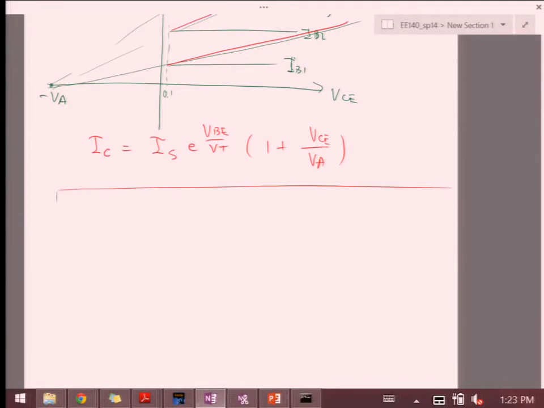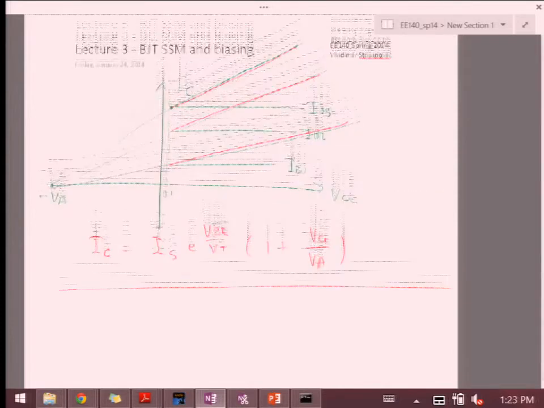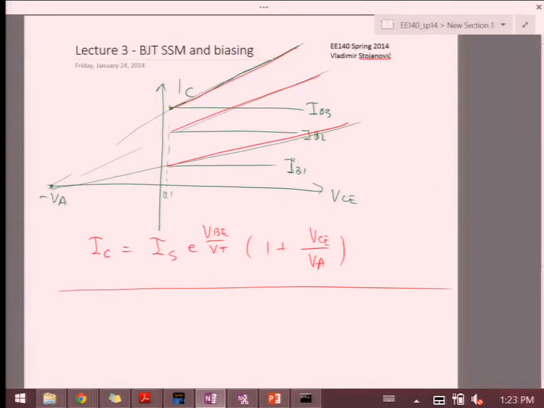We're going to be using this when we derive small signal models, because this dependence of the current on the output voltage will also give us the R0, or the output impedance. Otherwise, we would have infinite output impedance of the transistor, because the output current would not be changing based on the output voltage. Right?